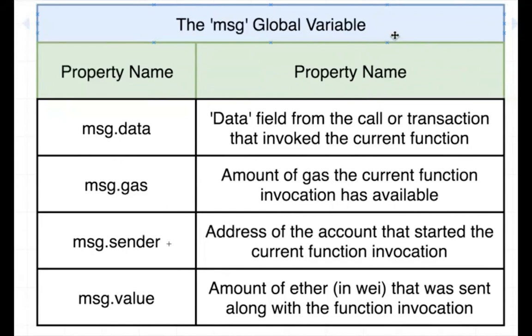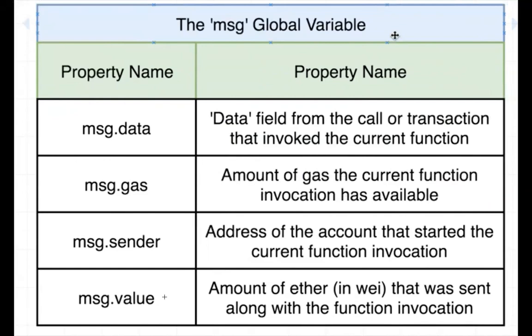The next property is the sender property. This is the address of the person or the account who just sent in the transaction or a call to the network. And finally, the value property. If a transaction is being sent in with some amount of ether attached to it, then the value property contains the amount of ether that has been sent in.